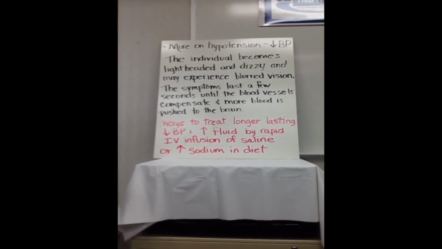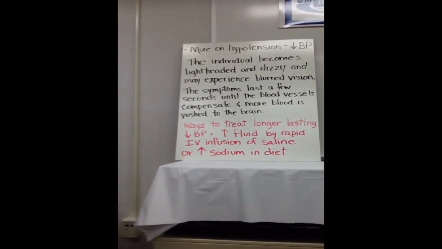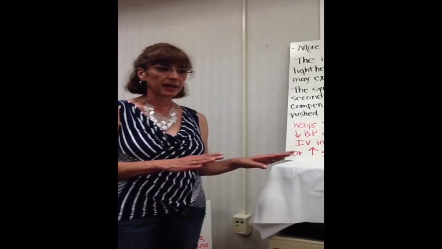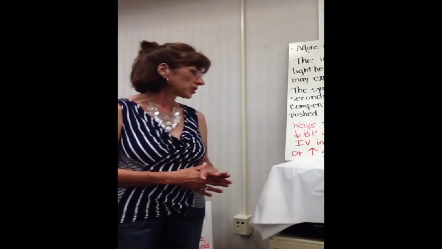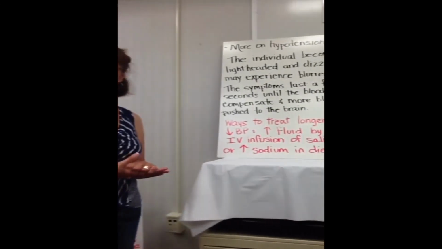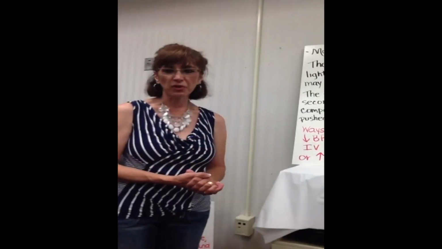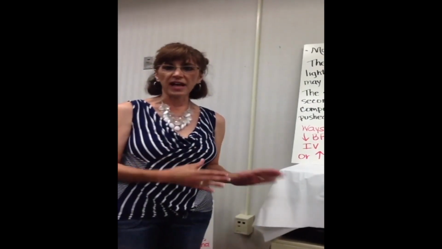You can increase fluids by rapid IV infusion of saline. That's the way you'll see it treated in the hospital a lot of times if a person has a shift in blood pressure. Or they can just increase the sodium in their diet to raise the blood pressure readings. And that's just a summary of the different hypo, hyper, and normal tension of blood pressure.